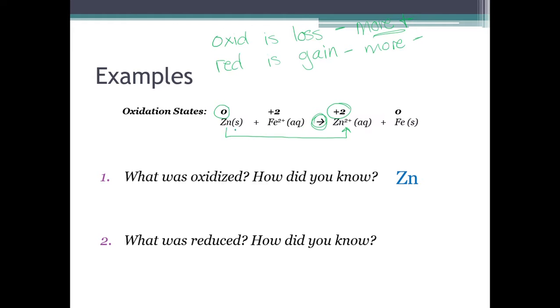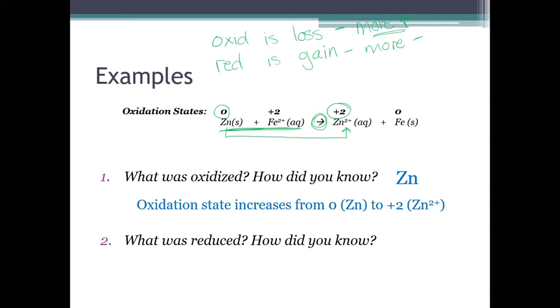We're always going to be looking at the reactants when we're deciding what was oxidized and reduced. So zinc must have been oxidized because its oxidation state increased, became more positive, because it was 0 in the reactants and it was +2 in the products. If the oxidation state increases, we must have lost electrons. A loss of electrons is oxidation.